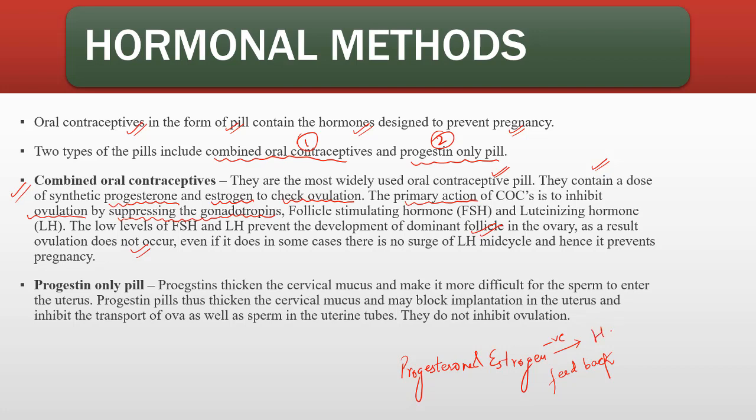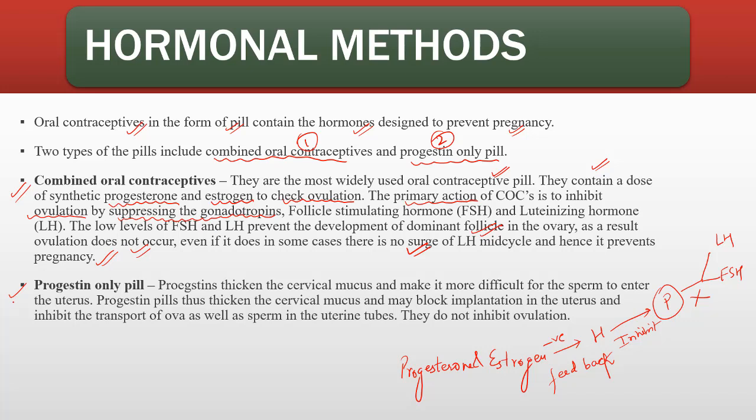So the hypothalamus inhibits the pituitary, and the pituitary does not secrete FSH and LH. LH is responsible for ovulation, and FSH is also for the formation of the Graafian follicle, the mature follicle. In this way, low levels of LH mean there is no LH surge, and hence it prevents pregnancy.